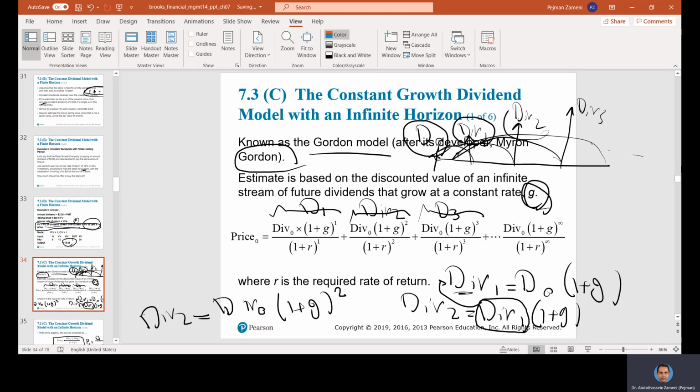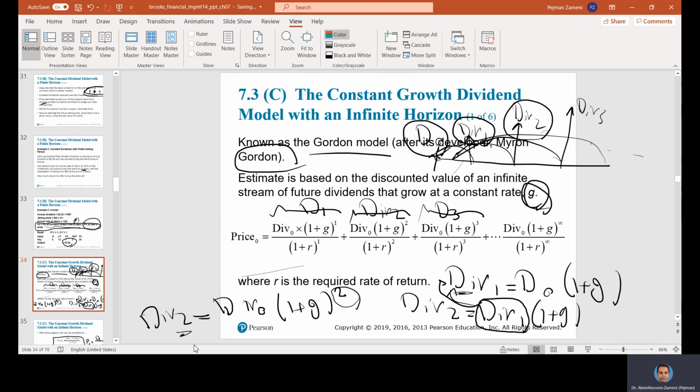And we continue the same story. How to find dividend 2? Dividend 2 is dividend 1 multiplied by 1 plus g. We can replace dividend 1 with the formula that we already have here. It would be like this: dividend 2 would be dividend 0 multiplied by 1 plus g to the power of 2.